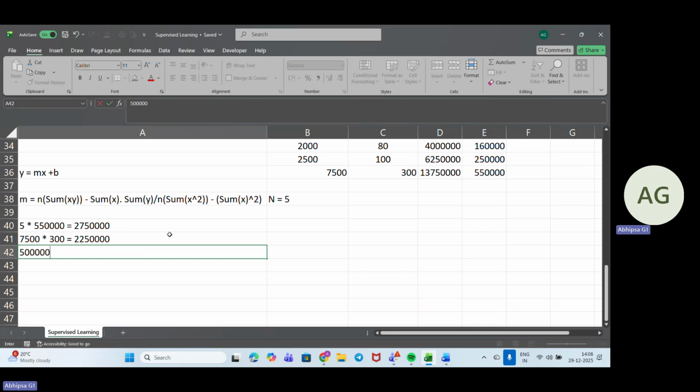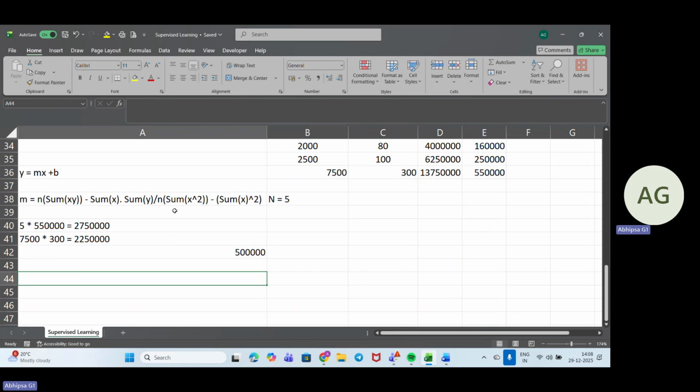Now coming down for the denominator part, denominator is n times sum of x square minus the square of sum of x. Okay. Now here basically we need to do 5 into this.